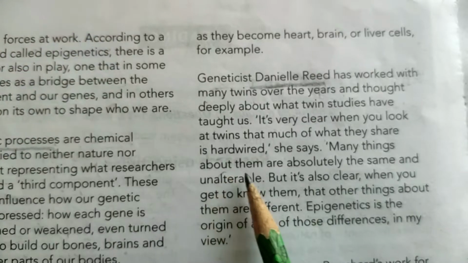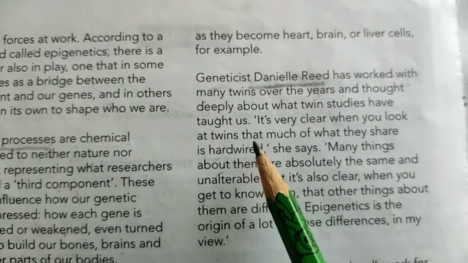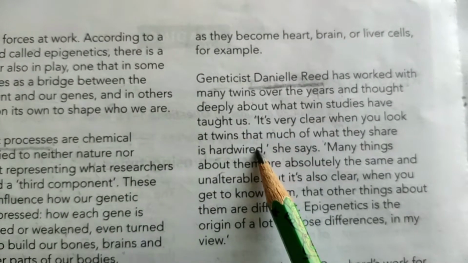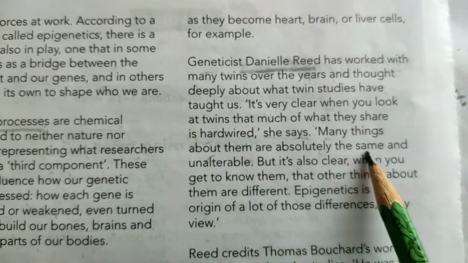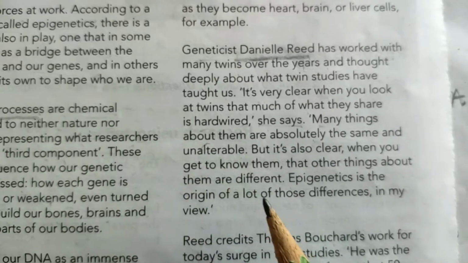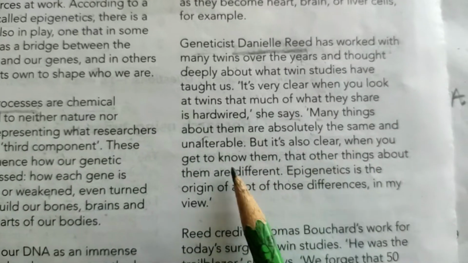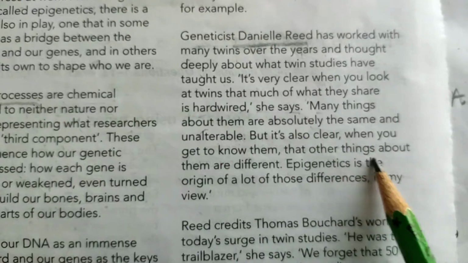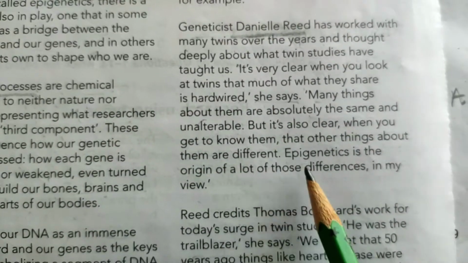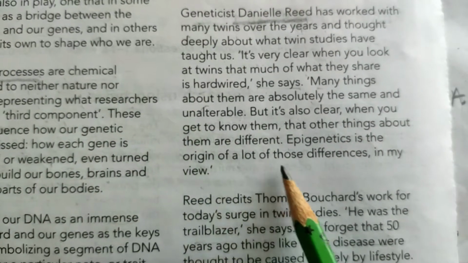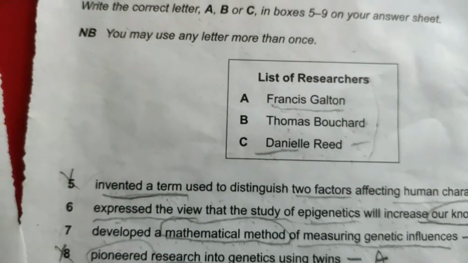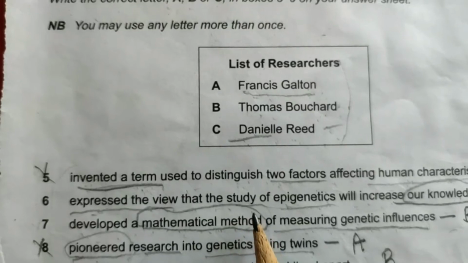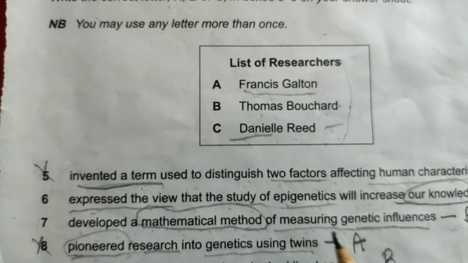Many things about them are absolutely the same and unalterable, but it's also clear when you get to know them that other things about them are different. Epigenetics is the origin of a lot of those differences in my view. Always read the words which are in inverted commas. Again read the statement: express the view that the study of epigenetics will increase our knowledge.